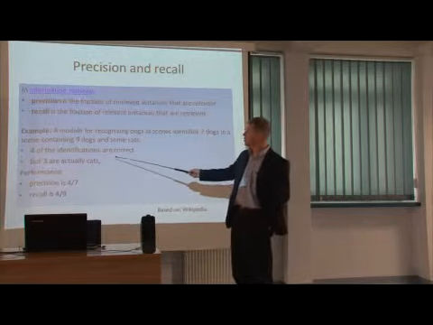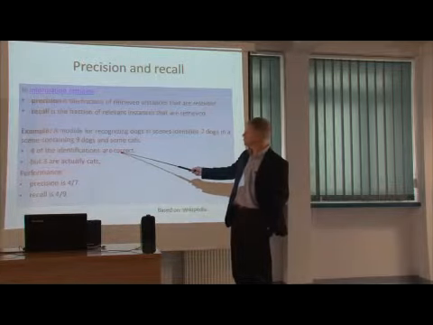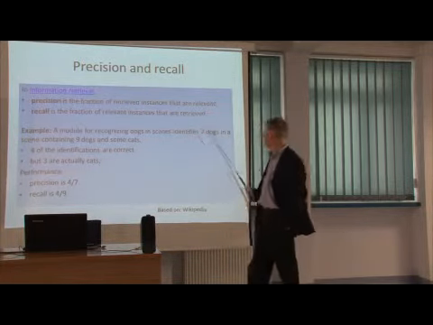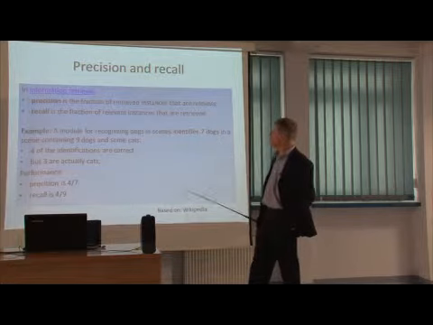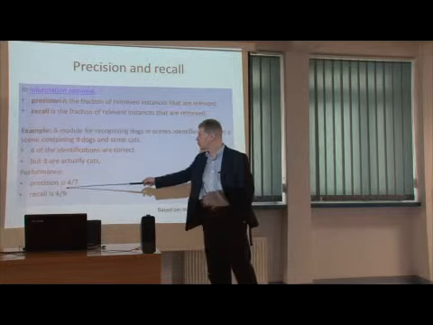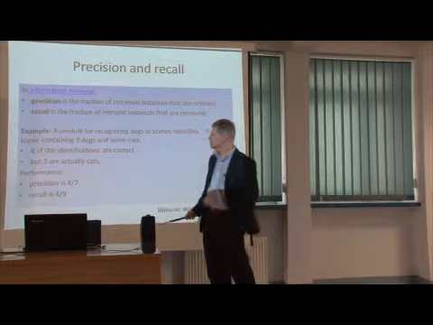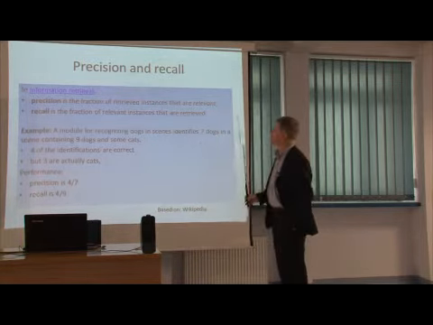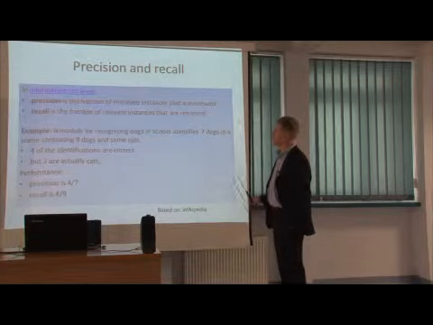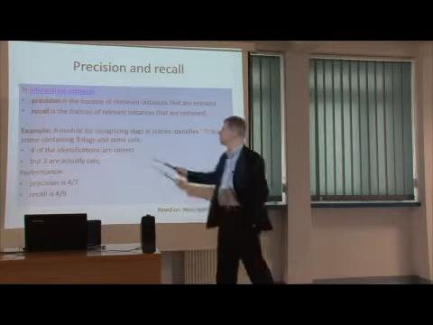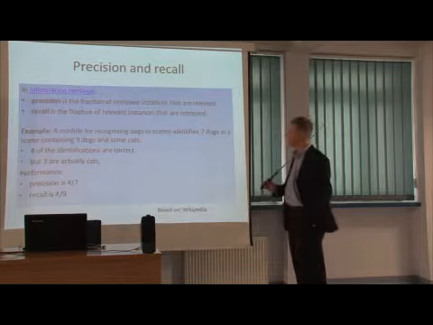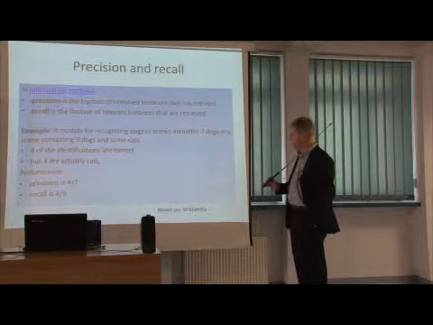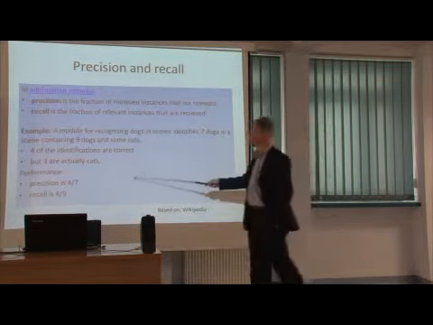The precision here is 4 out of 7, because we identified 7 dogs and 4 were correct, and the recall is 4 out of 9, because we have 9 dogs in the scene. So this is precision and recall.